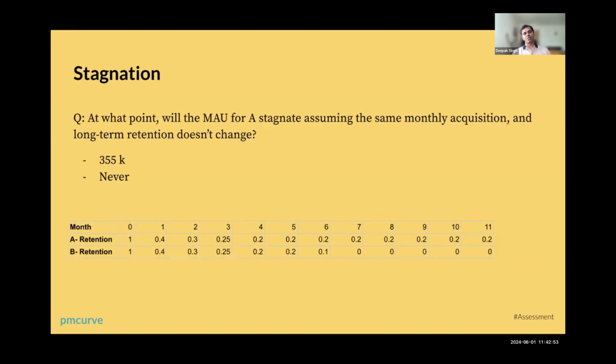But let's revisit this question now. If you had to calculate, assuming that A is acquiring like 100K users every month, January, February, March, April, May, June, July, August, and all that, right? Will the MAU for A stagnate?